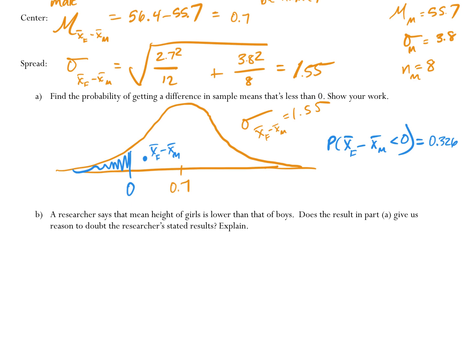Now, let's talk about how we might interpret this probability. In particular, what does it mean to say that x bar from females minus x bar from males is less than 0? What would that mean? The x bar of males was taller. Yeah, this statement would mean that the male mean is bigger than the female mean.